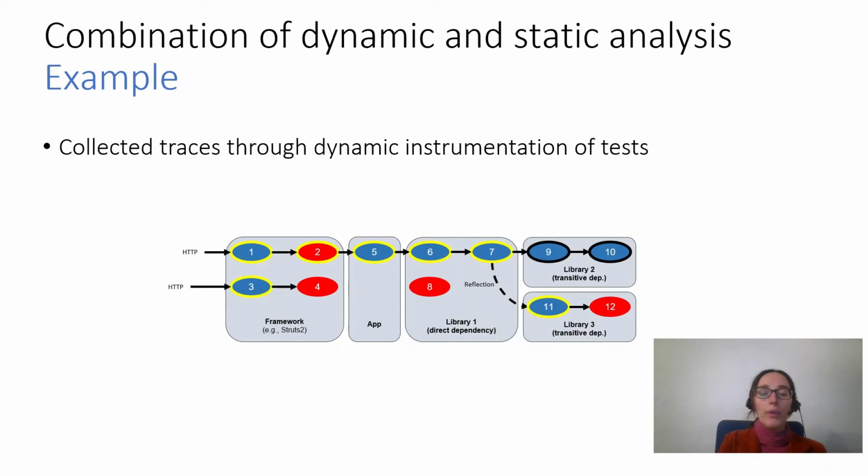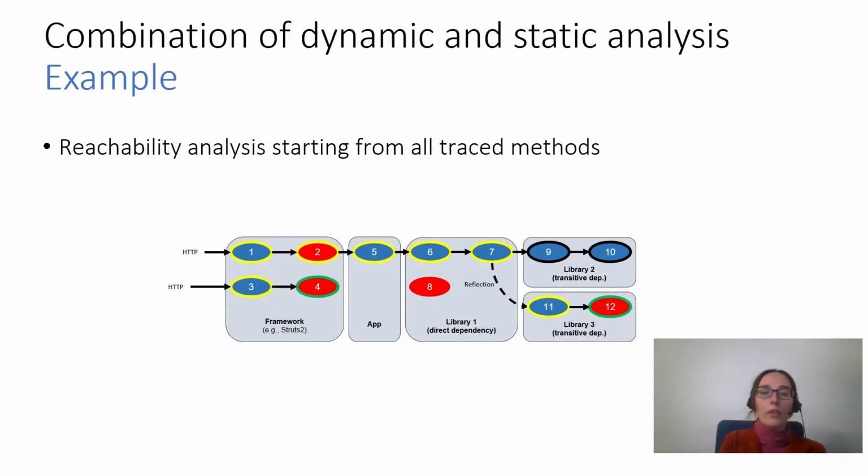But if at this point we run static analysis again, starting from the traced constructs rather than from the application, we can also find the vulnerable code in nodes 4 and 12 as reachable. So basically we combine the two techniques, and thanks to this we overcome the problems that come from dynamic invocations like reflection and inversion of control.